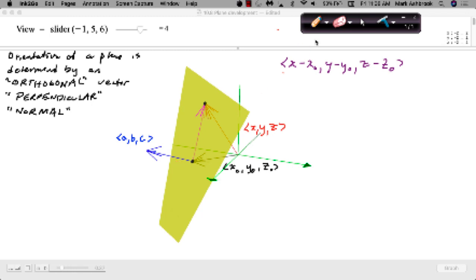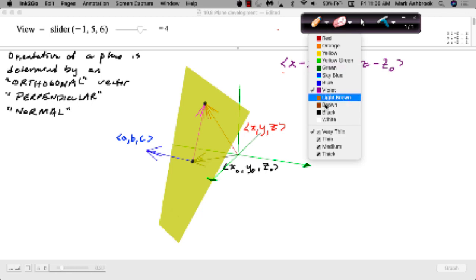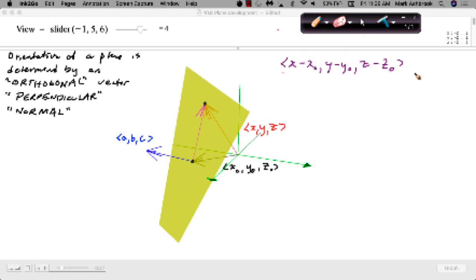What can I do? Well, we know that the dot product between any two perpendicular vectors is always 0. Is that true? Yeah, so that's our mathematical relationship. We can take every vector in the plane starting from x naught, y naught, z naught.